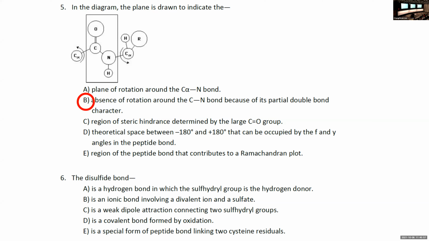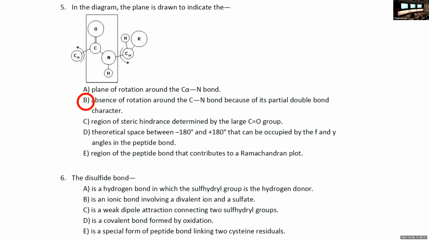How is it B? It's about the planar property of the peptide bond where it is sort of fixed, right? So when you draw that plane, the region, that means you want to talk about the rigidity or the inflexibility of that region around the peptide bond. It's not about other stuff actually. I mean, you can talk about the rotation angles and stuff like that, but that's outside of that plane, right?